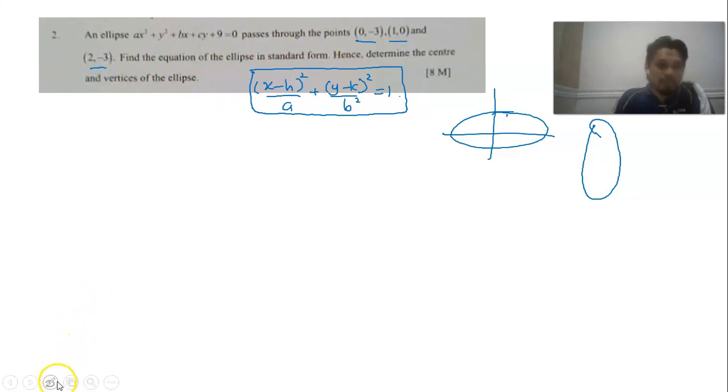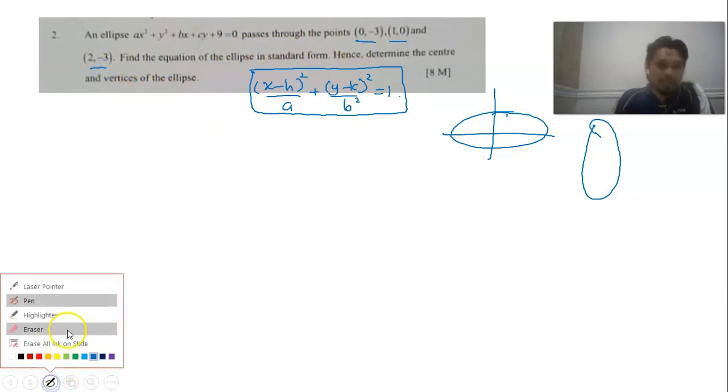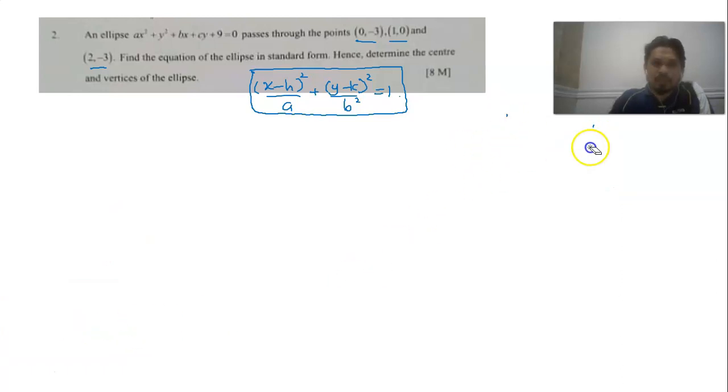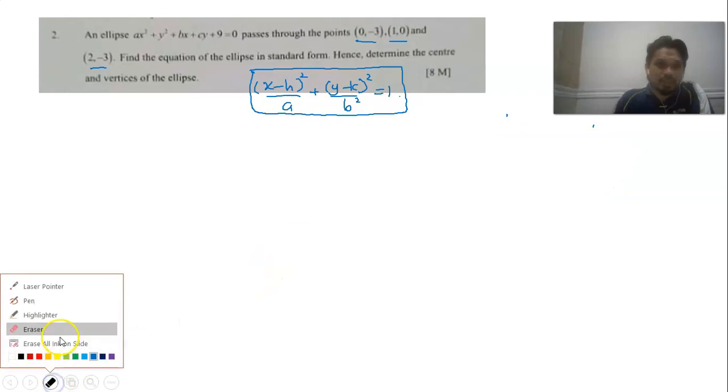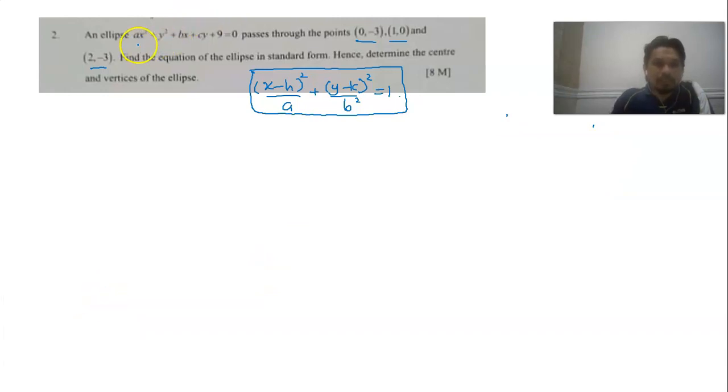Now the best thing we can do here is substitute all 3 coordinates into the equation and find the values of a, b, and c. So ax squared plus y squared plus bx plus cy plus 9 equal to 0.